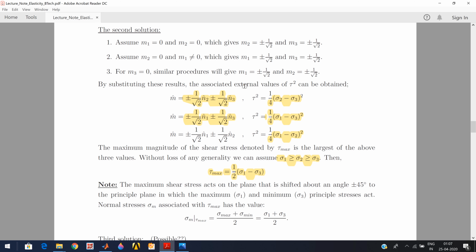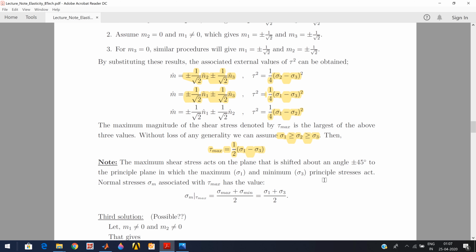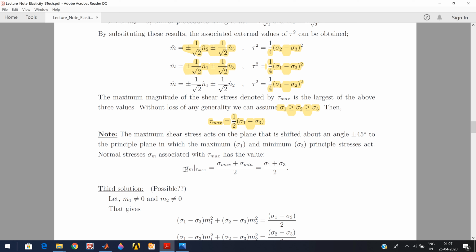And on that plane, we will see that the sigma max will be having values of average of this, like sigma 1 plus sigma 3 by 2. So it is the maximum normal stress, the maximum principal stress plus minimum principal stress by 2.